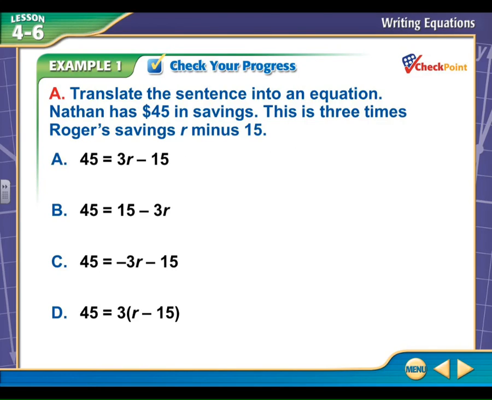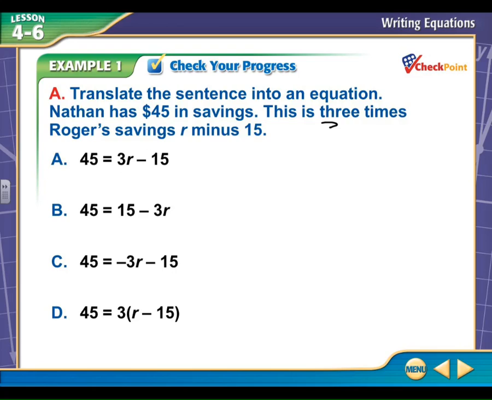Let's translate this sentence into an equation. Nathan has $45 in savings. This is 3 times Roger's savings minus 15. So 3 times Roger's minus 15, and that would be equal to 45. Let me give myself a little more room here.